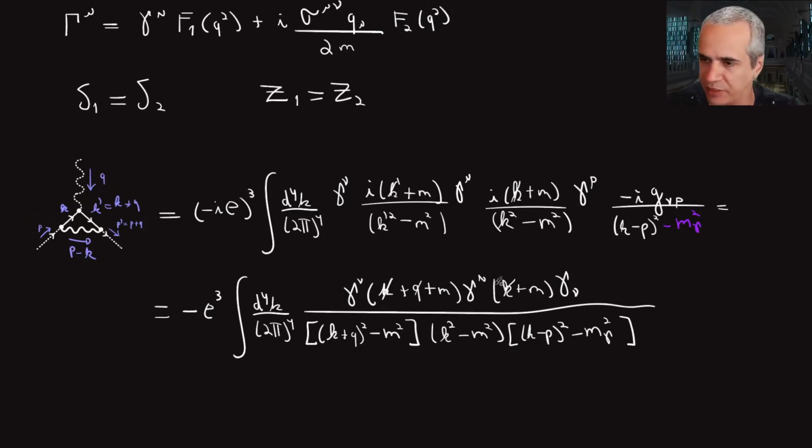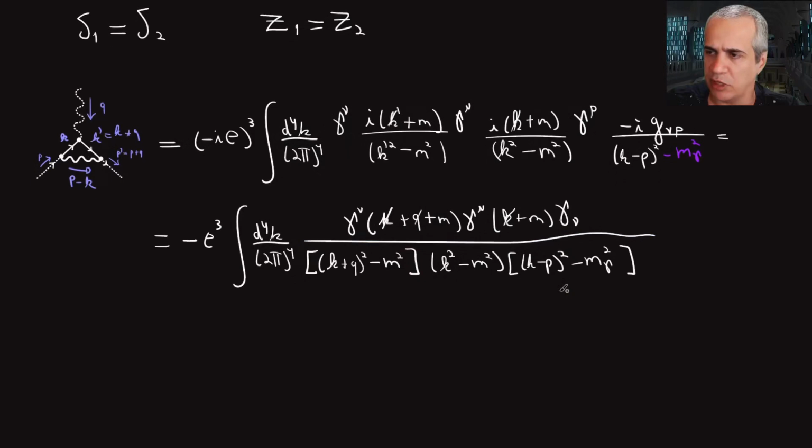In principle, I can use some identities to bring these Dirac matrices together, but I don't want to use that right now because we know those relations change when I go away from 4 dimensions, and I will be using dimensional regularization. So for now, I want to keep these in this way so I don't lose epsilon factors that come from not being exactly in 4 dimensions.